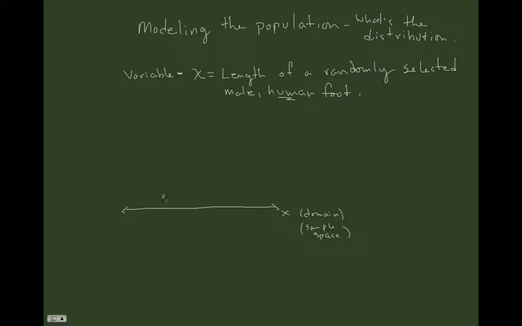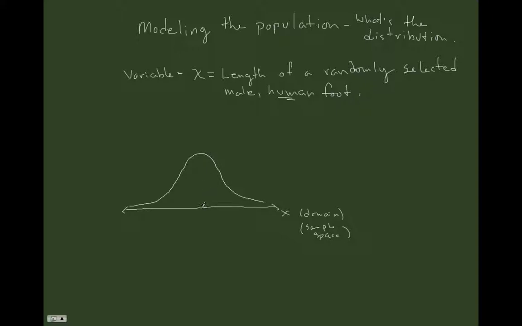Now, I need to think about what the distribution looks like, and I'm going to make another assumption here. I'm going to assume that the population of male human foot sizes follows a bell curve. This is my model now. Down the road in chapter 6, we'll be talking about the normal distribution, and there's actually a function that draws this curve, but I'm not worried about that right now.